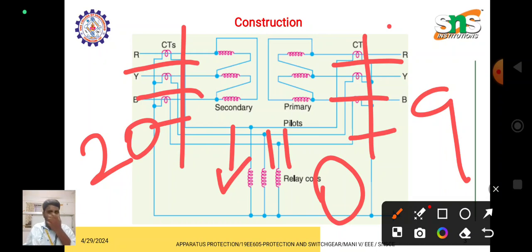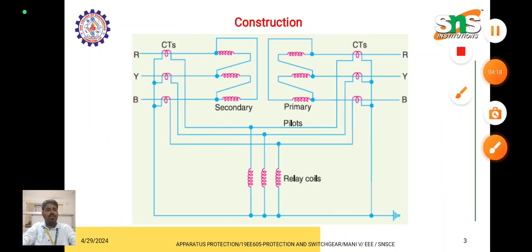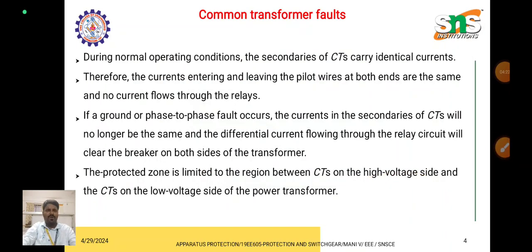It should be above the pickup value in order to operate the relay coil. Once the differential current is greater than the pickup current, the relay operates and trips the circuit breaker by opening it, so that we can isolate the faulty section from the various types of fault.